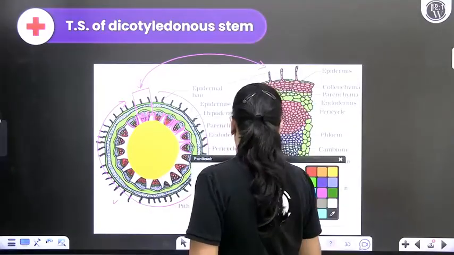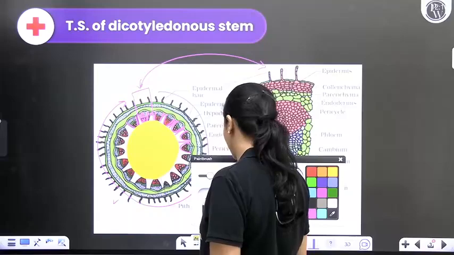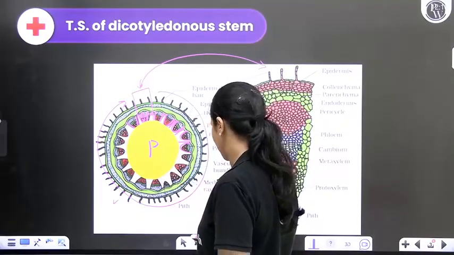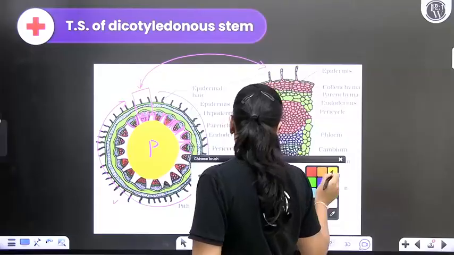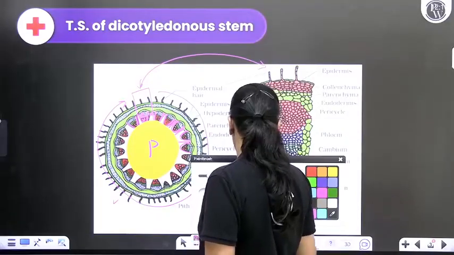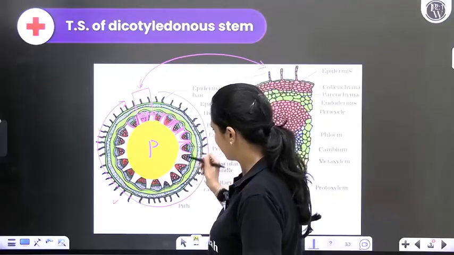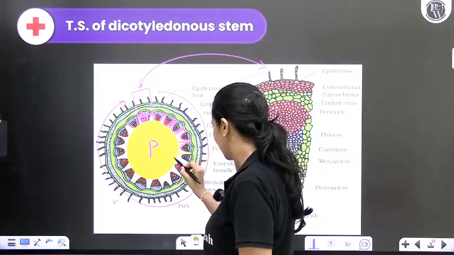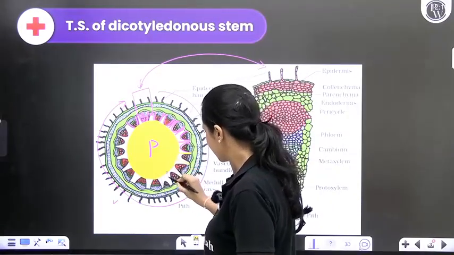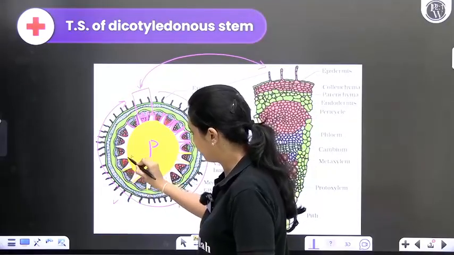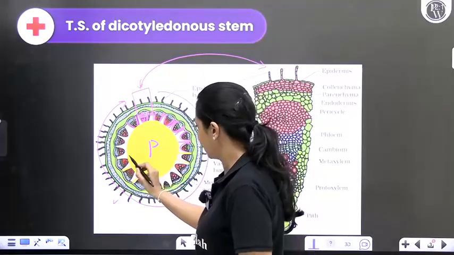Pith is made up of parenchyma. From the pith, it will seem like this parenchyma is radiating out between the spaces. It's radiating out into the spaces between vascular bundles.